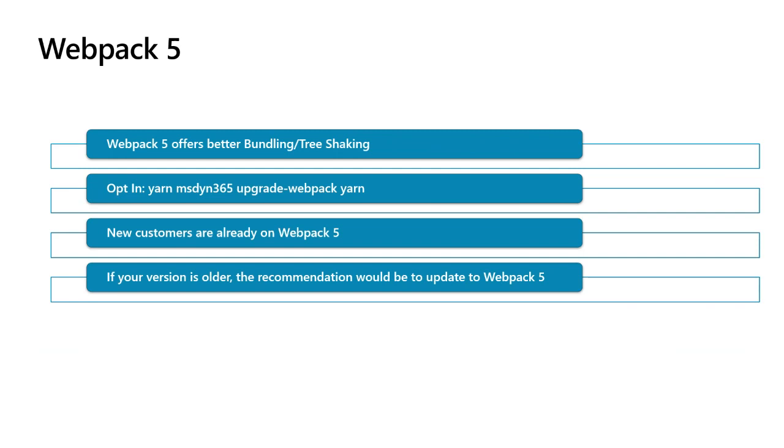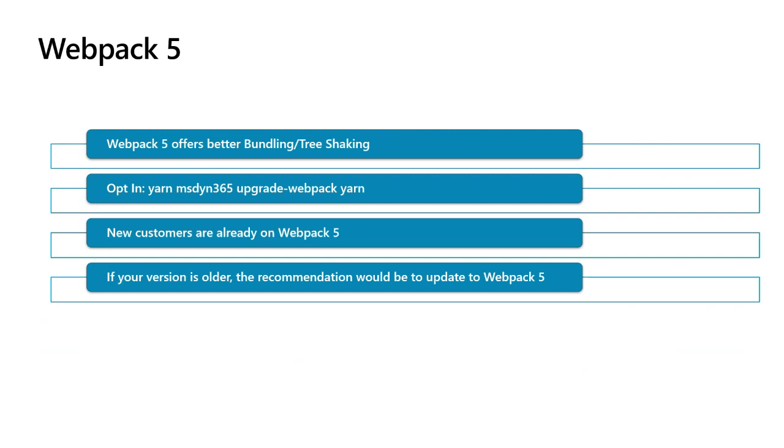Webpack 5: the Dynamics 365 Commerce Online SDK supports using the latest Webpack 5 release to bundle the commerce application. Webpack 5 offers improved bundling together with better tree shaking and code generation to reduce the amount of JavaScript that is downloaded and processed on a page.